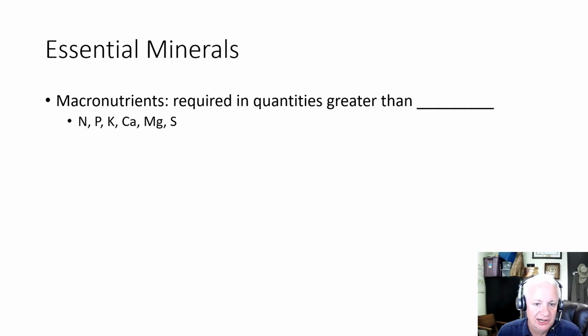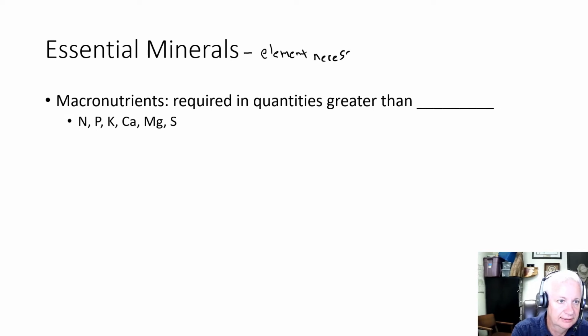Maybe the place to start is by defining essential minerals or essential elements. So a mineral element is essential if it's an element necessary for a plant, in this case, to complete its life cycle.